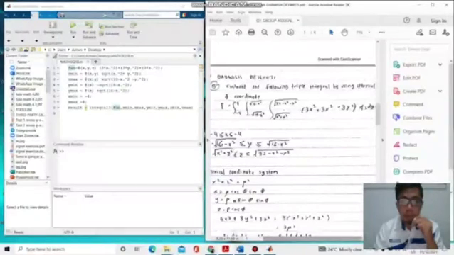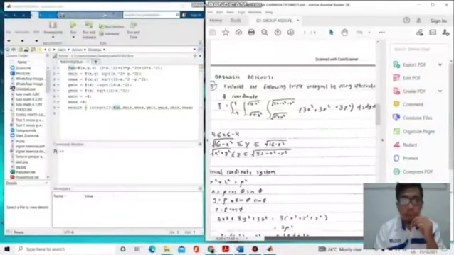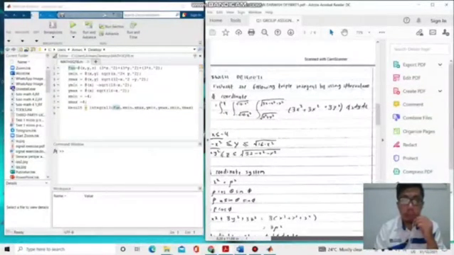This question, 1B, is the evaluation of the triple integral by using spherical coordinates.